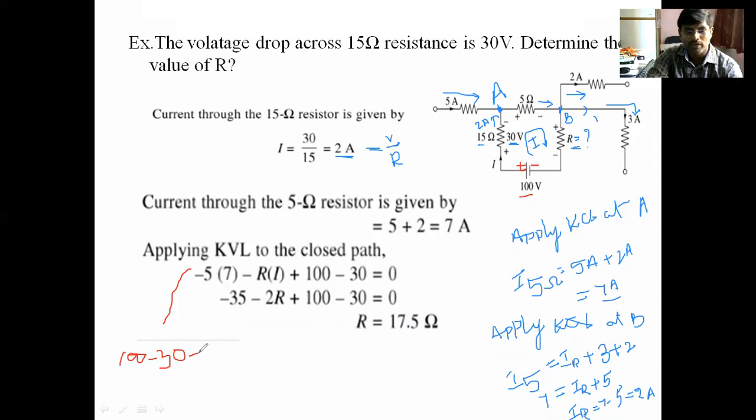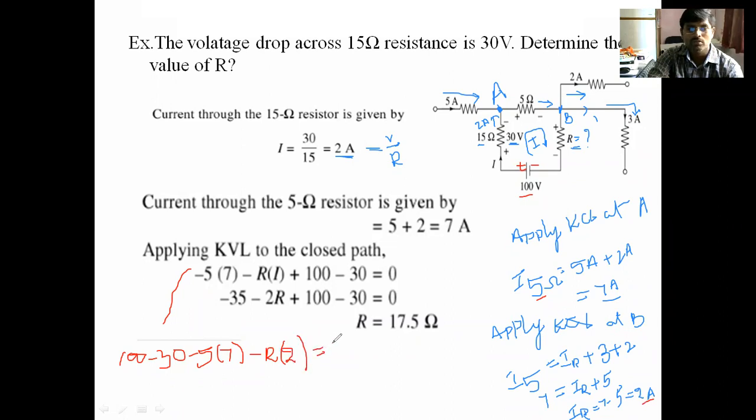So minus 5 into I5, which is 7 amps. Again current is entering with positive here, so therefore minus R into IR, which is 2 amps.